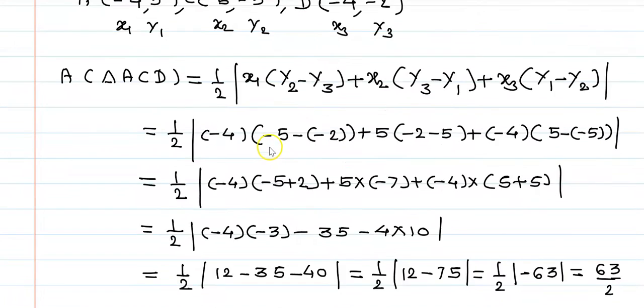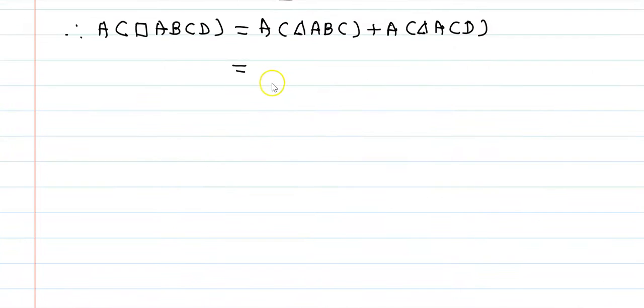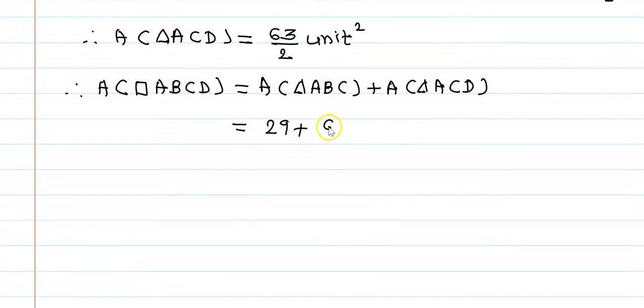Now here's the sum. First is 29 plus 63 upon 2.